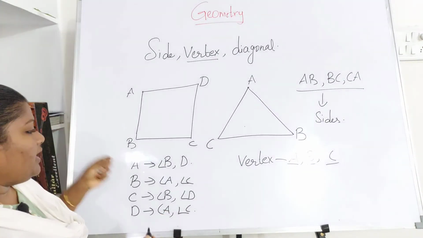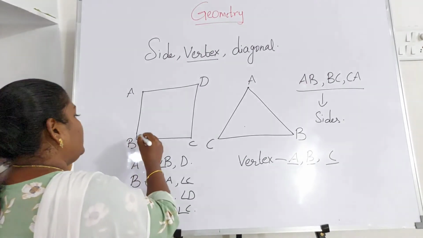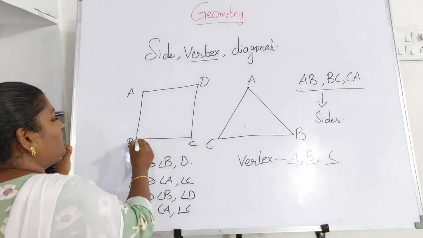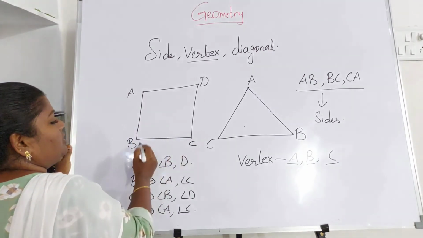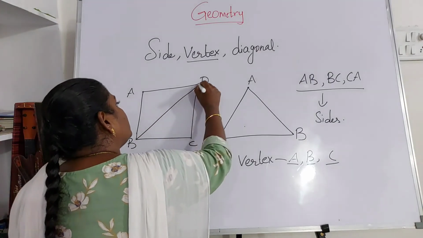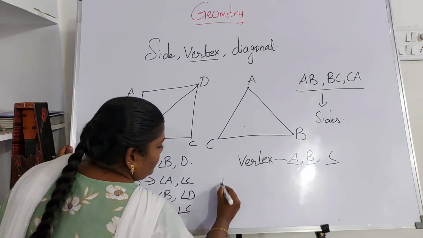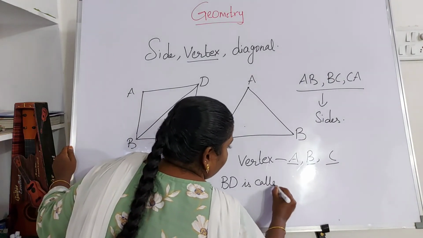Now if we join other than the adjacent angle, then it is called a diagonal. To B, adjacent angles are A and C, so I am joining this B to D. So this BD is called a diagonal.